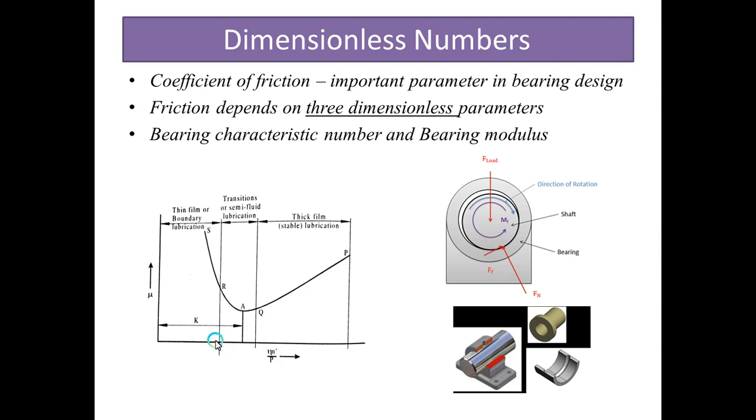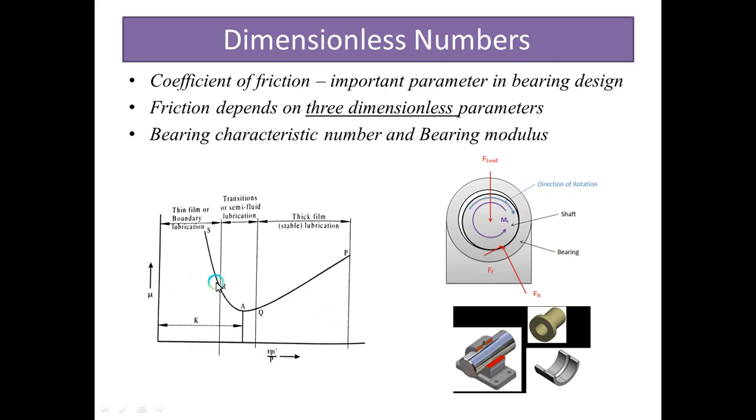Next, if the bearing is subjected to larger speed, larger loads or heavy impact, we need to take eta n dash by p, the bearing characteristic number, equal to 15K, which may be used for our calculation. That is a very important thing. If the bearing is subjected to a higher loading condition or heavy impact loading condition, we can consider eta n dash by p as 15 times K for calculating the friction.